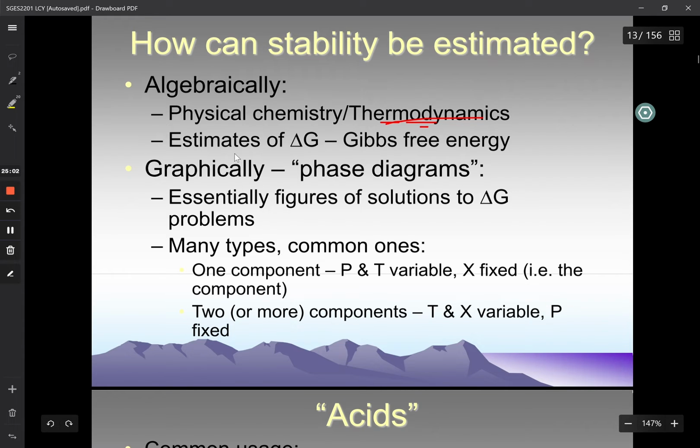This involves the estimates of the free energy, the Gibbs free energy, the delta G.